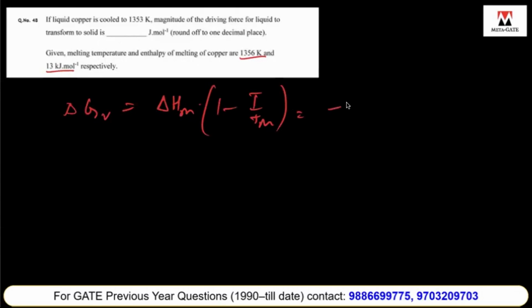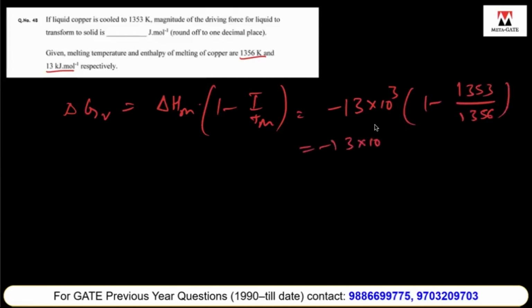So whether it is fusion or negative, both will have a negative value, into (1 minus 1353 by 1356). So you get minus 13.3 into 10 power 3 into 3 by 1356.